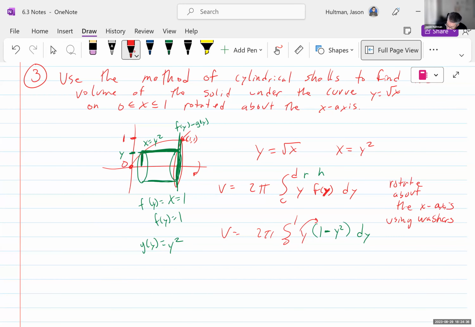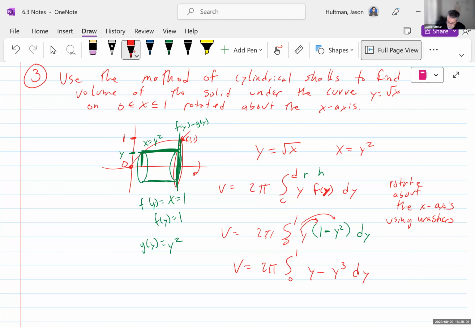Okay, so now I'm going to distribute. The volume is equal to 2 pi, from 0 to 1, of y minus y cubed dy.